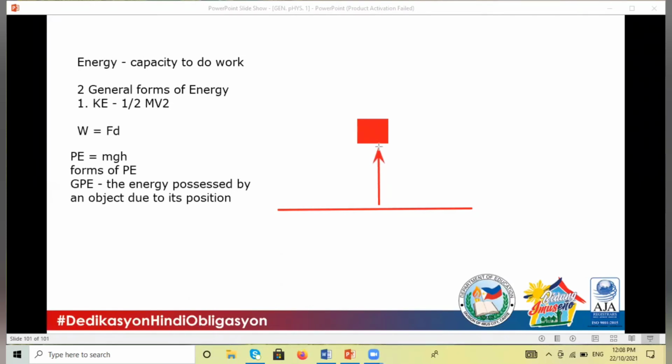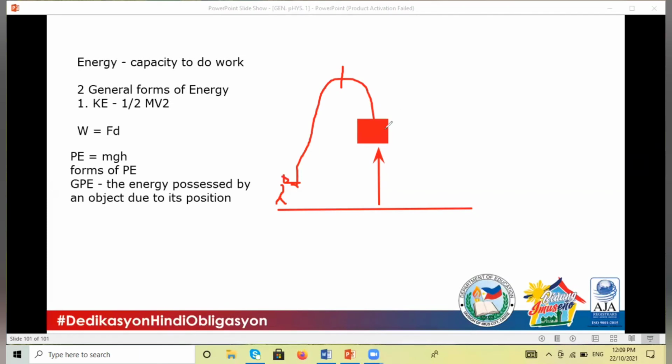So, you raise that box. Halimbawa, itong box ay may tali. Okay, ito ka. Inangat mo yung box. Siyempre, meron diyang sabitan. Okay?